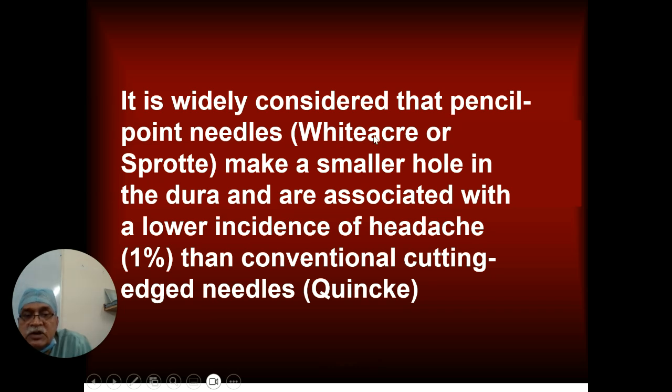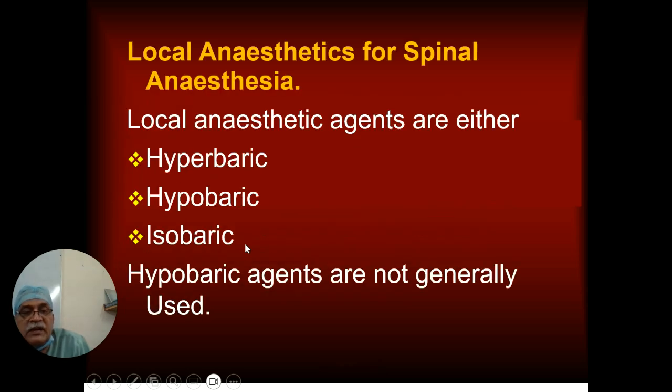Because the Whitacre and non-cutting needles are pencil point needles, they make a smaller hole, and there is a lower incidence of post-spinal headache. Local anesthetic used is usually hyperbaric, but isobaric solutions are also available.